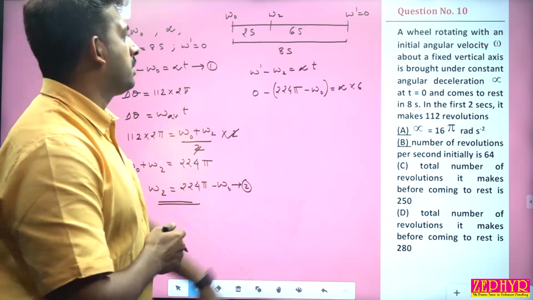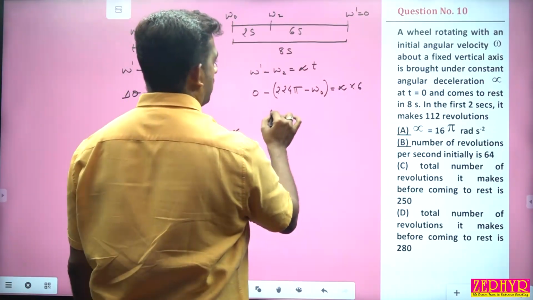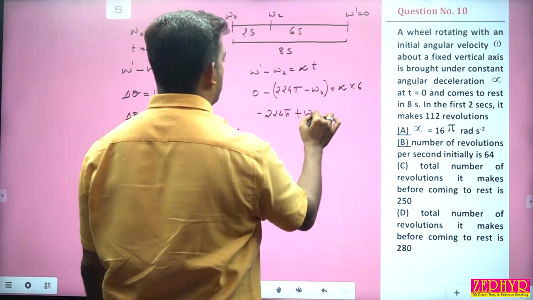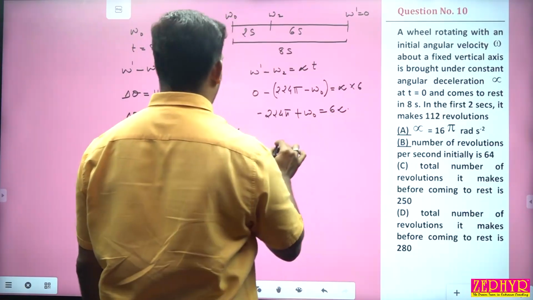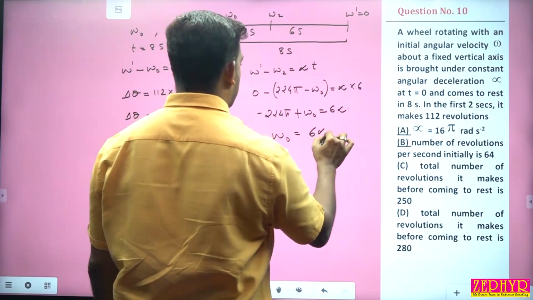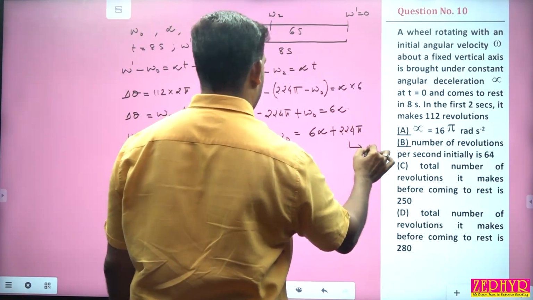So you can take alpha is equal to 224 plus omega naught is equal to 6 alpha, or omega naught is equal to 6 alpha plus 224 pi. This is equation number 3.